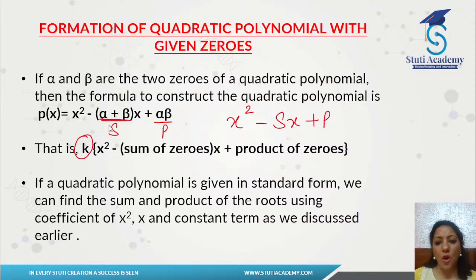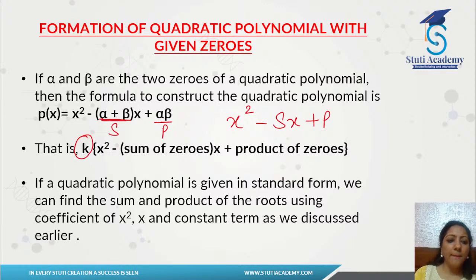If any particular number is common, we can take it out. Now, if a quadratic polynomial is given in standard form, we can find the sum and the product of the roots using the coefficients of x square, x and the constant term, as we discussed earlier.